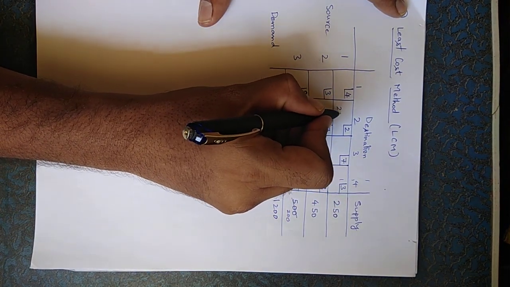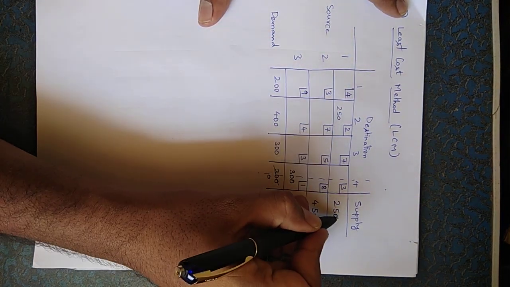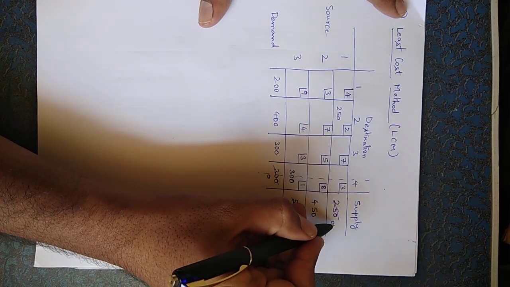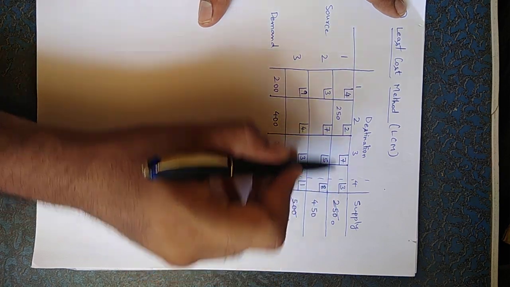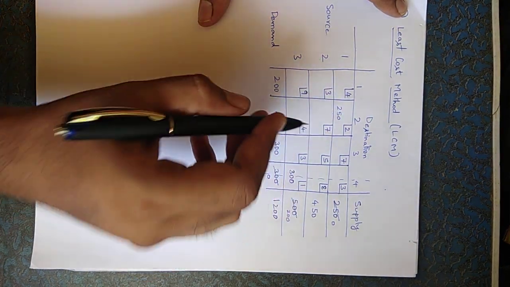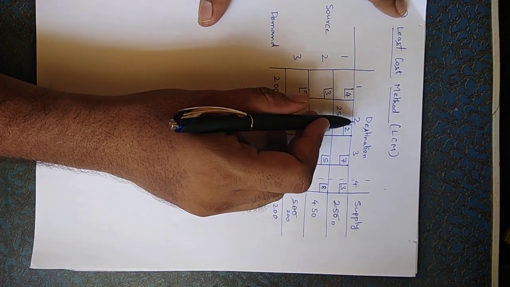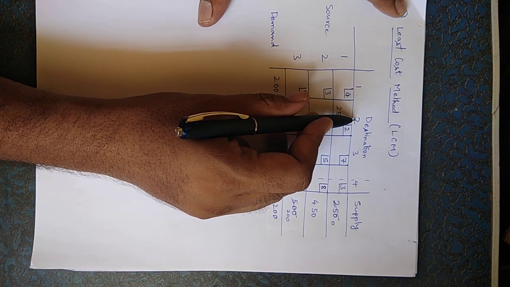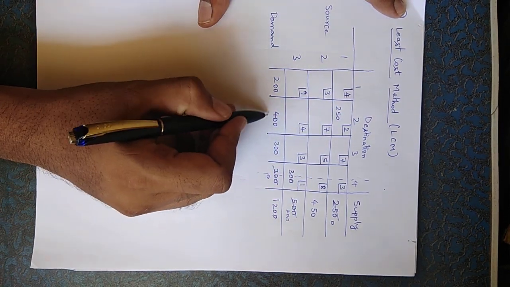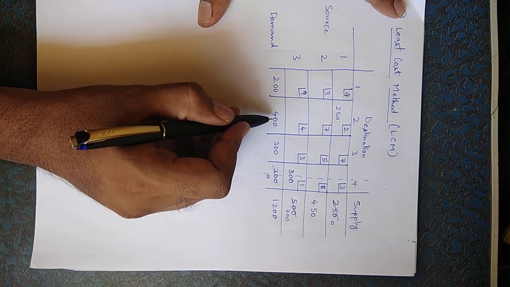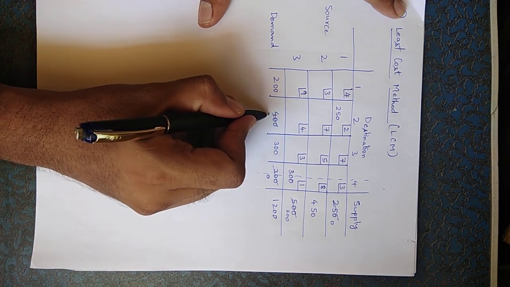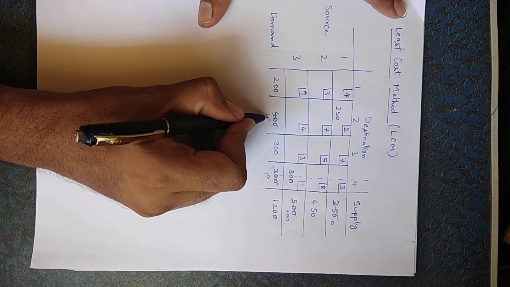So I will allocate 250 here, and this will become 0 because all the supply from source 1 is over because the full lot is given to destination 2. So since 250 items are sent to second destination, its demand was 400. Now 250 is satisfied out of 400. So the remaining would be 150.